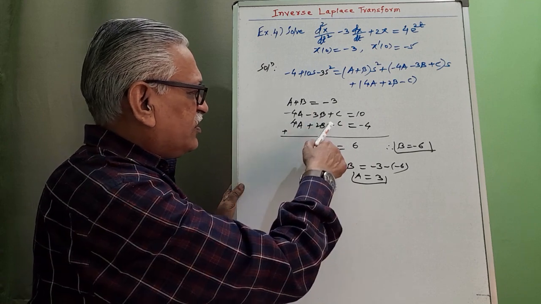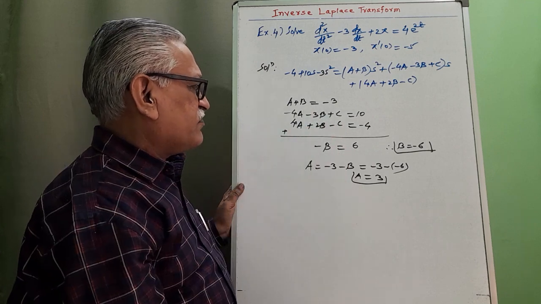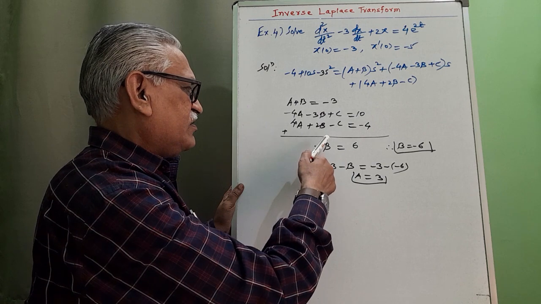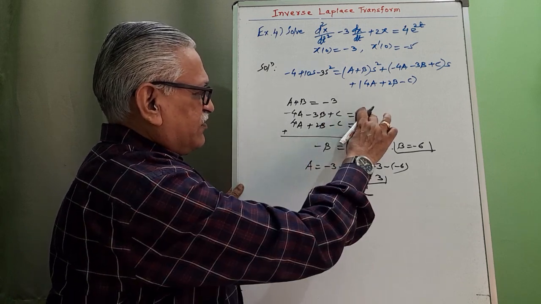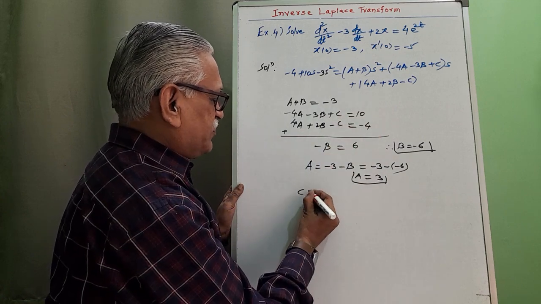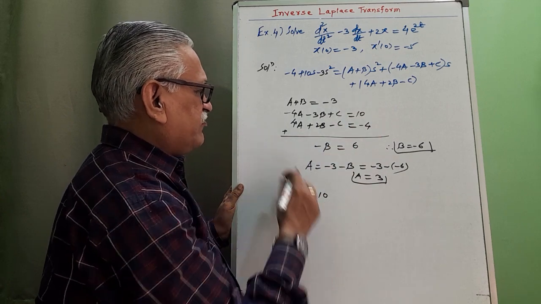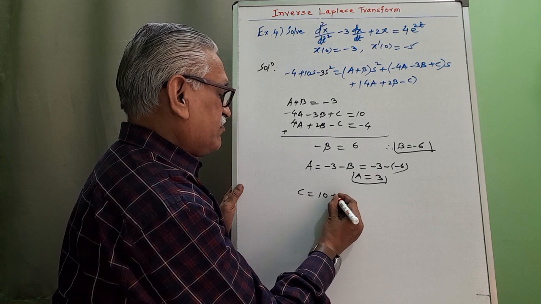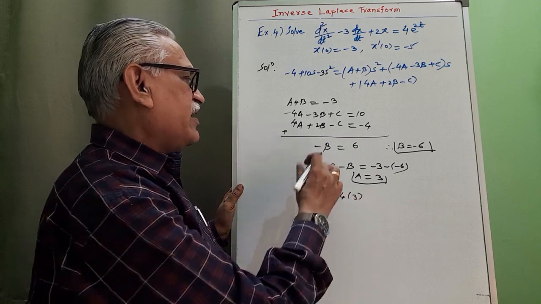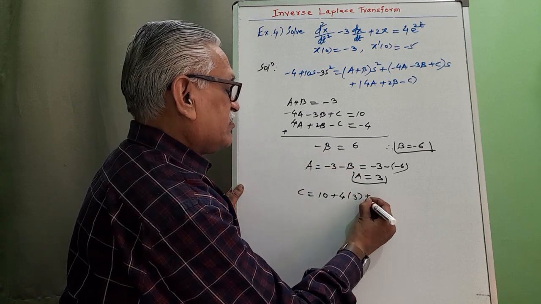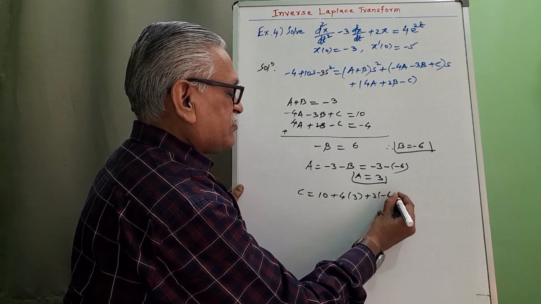Substituting that value in this equation, we get the value of c, either in this or in this. Therefore, I am substituting here. We get the value of c as 10 plus 4a, a is 3, and plus 3b, b is minus 6.